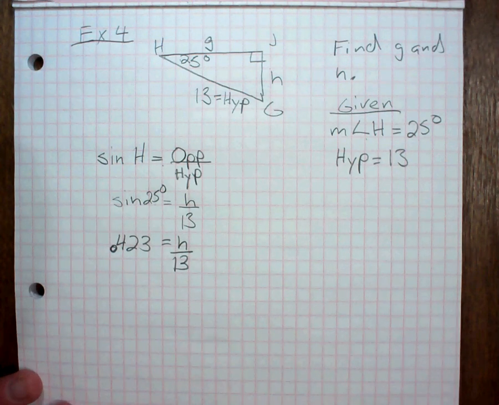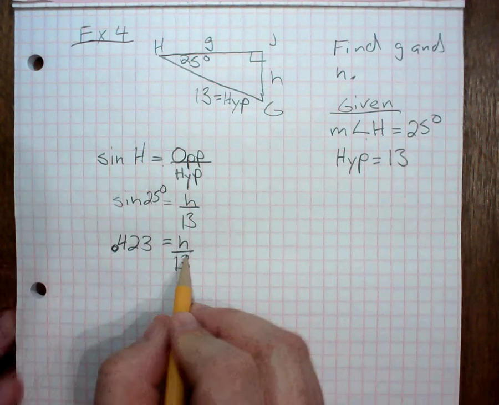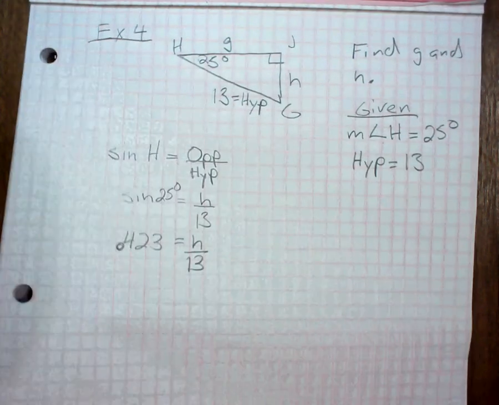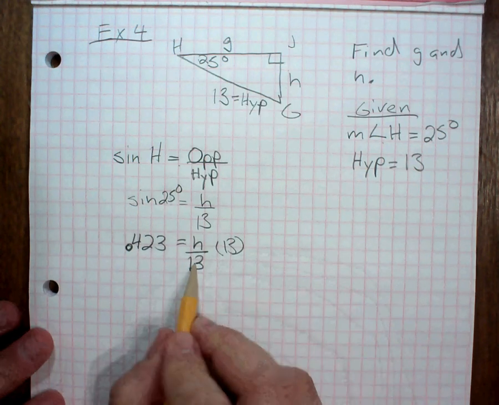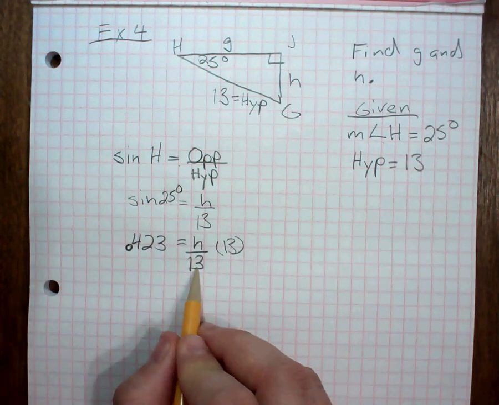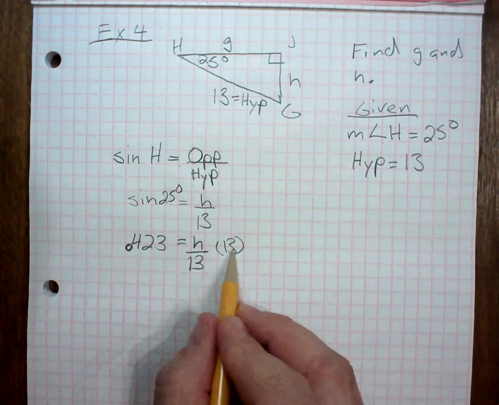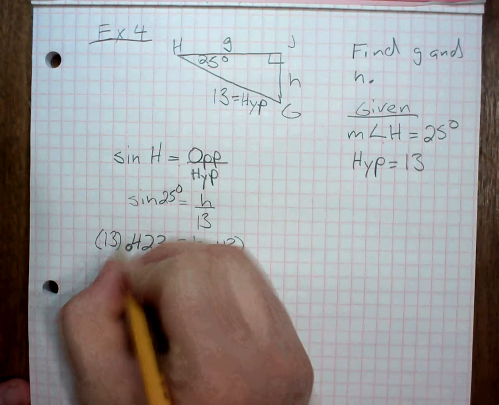So now if I want to solve for h, the only thing I need to do is multiply both sides by 13, right? Because to get the 13 away from the h, I'm dividing originally, so the opposite of dividing is to multiply. Whatever I do on one side, I've got to do on the other.